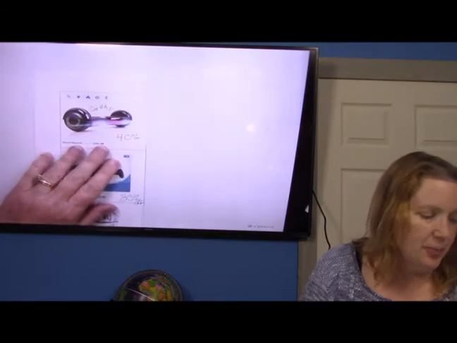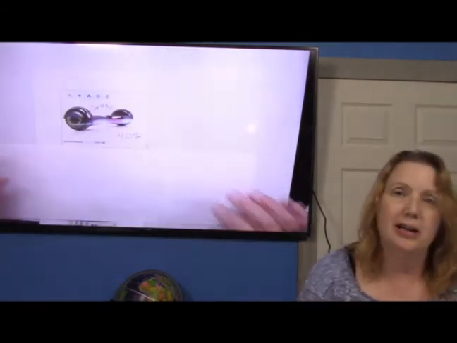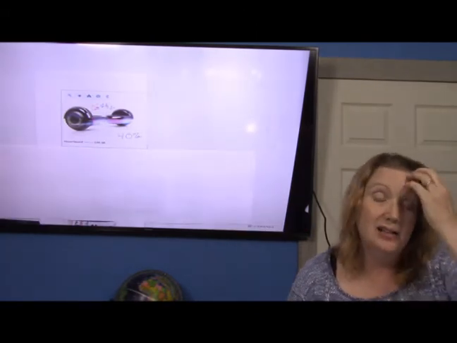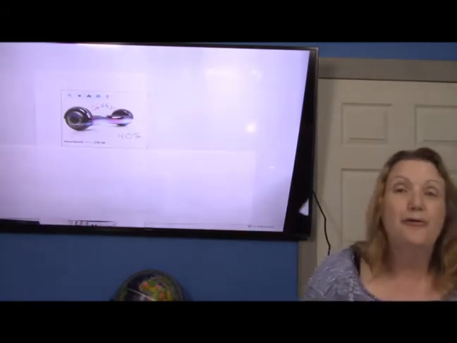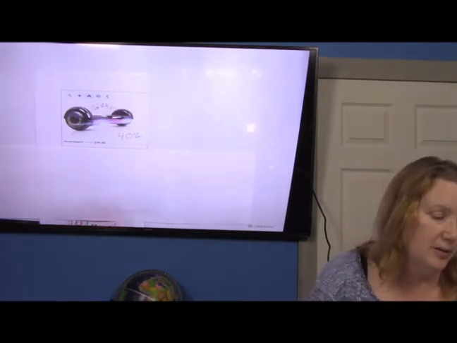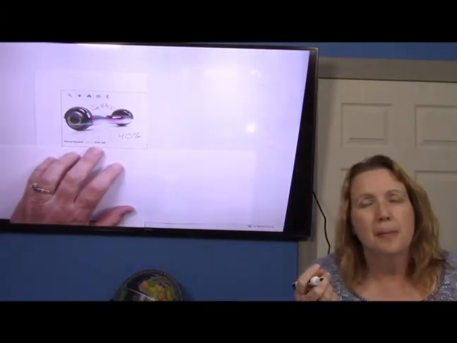How about this hoverboard? So I have this hoverboard. I'm taking a look at it, and I see that it's $99.98. Okay? 40% off. That's a nice percentage off too. So $99.98.